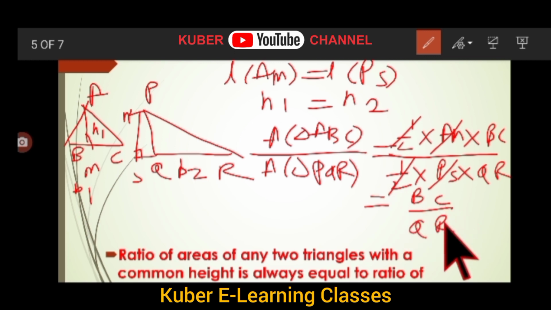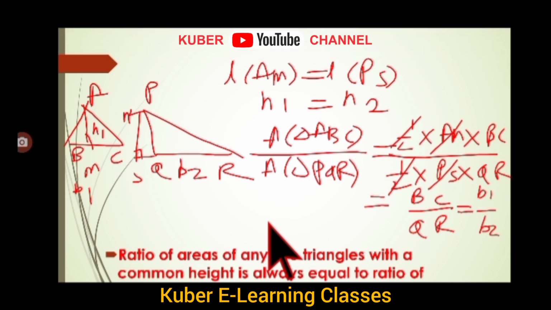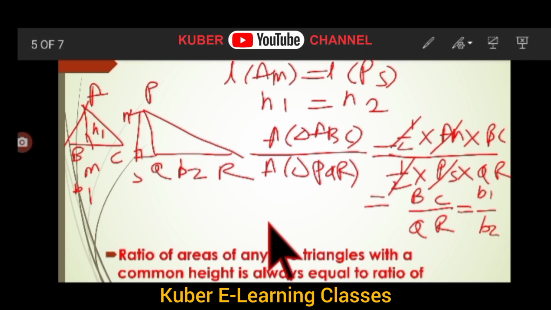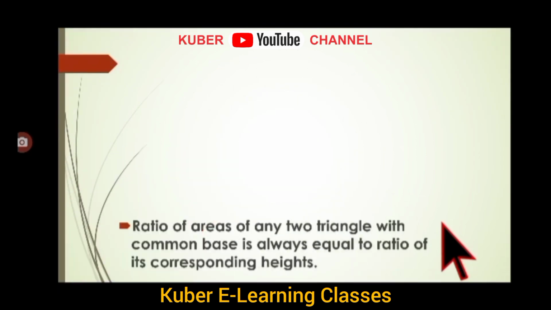In short, you can write the bases as B1 and B2. In this way, this is the second property: the ratio of areas of any two triangles with a common height is always equal to the ratio of their corresponding bases.